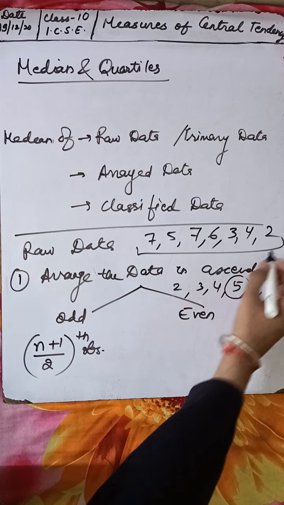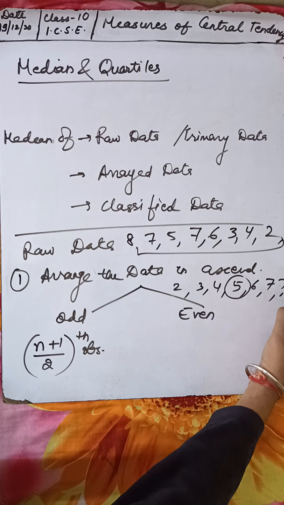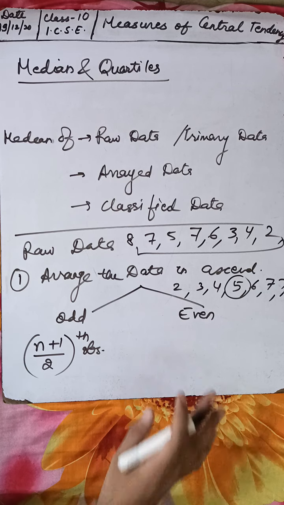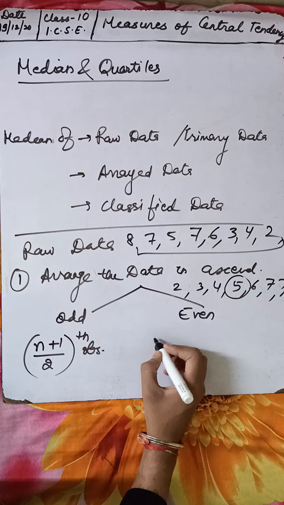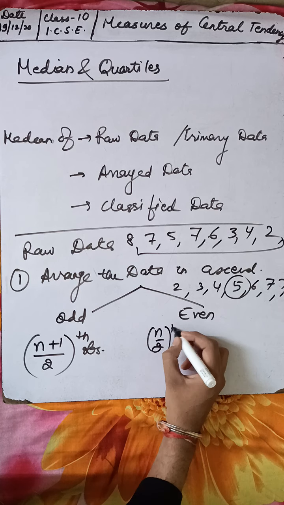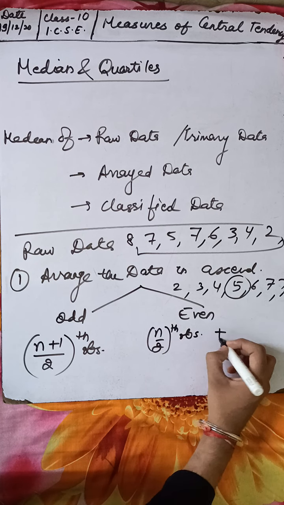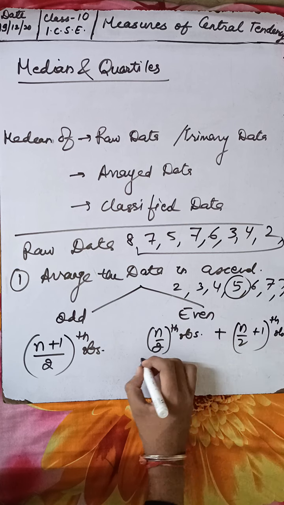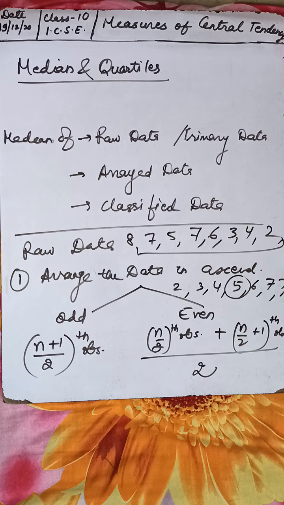Say for example, if I add 8, then the data is in the even case. For the even case, you have another formula, that is the n by 2th observation plus the (n by 2 plus 1)th observation, whole divided by 2.